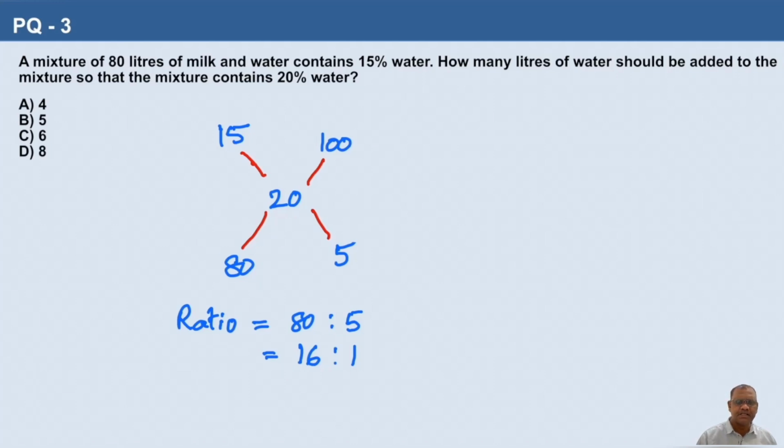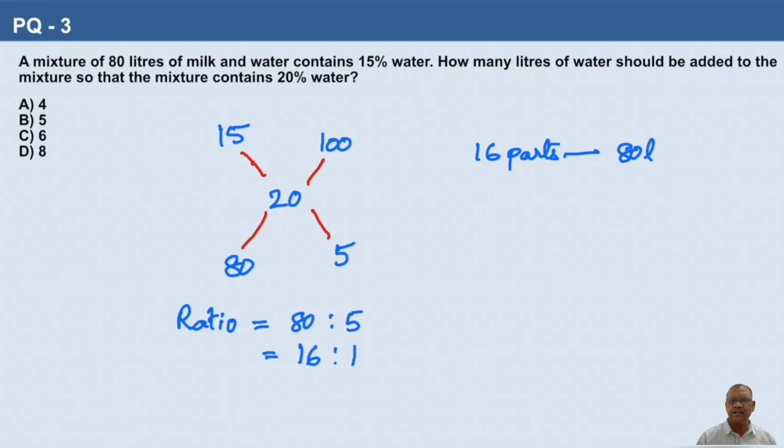So the original mixture is 16 parts and water to be added is 1 part. But according to the question, the original mixture quantity is 80 liters. So that means 16 parts is equivalent to 80 liters.